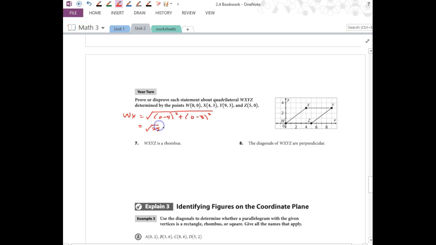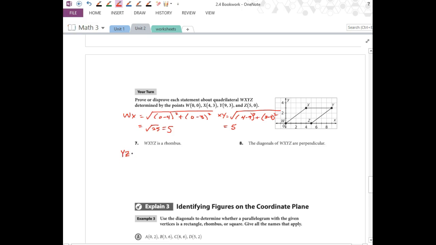We should technically say the square root of 25 is 5. Next one, XY. Okay, so change in x's, 4 minus 9, plus change in y's, 3 minus 3. So I get 5 squared, 25, square root of 25 is 5.